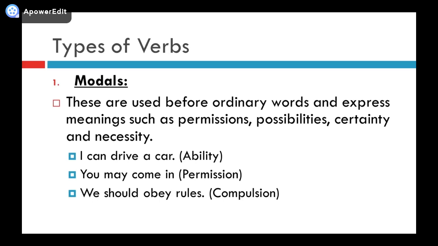You should do your homework. You should stand up when your teachers come and wish them, right? So obligation, compulsion is there. I can drive a car. Ability. So which are your modal verbs? Can, may, would, should. Then what else? Might. Right? All these are your modal verbs.